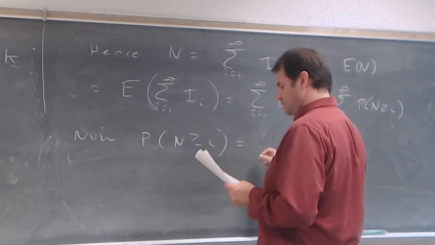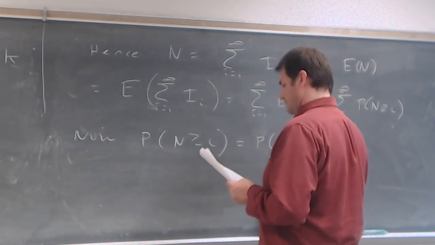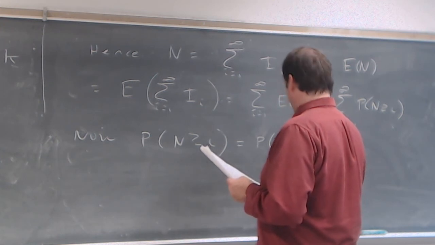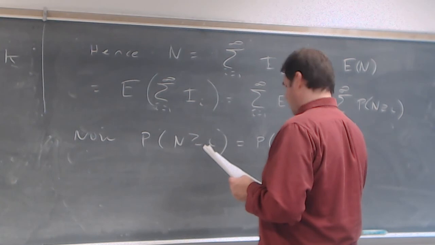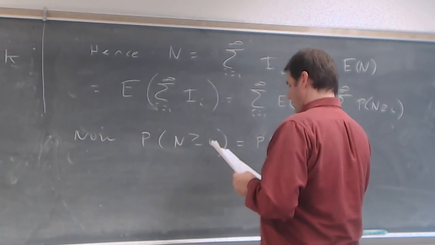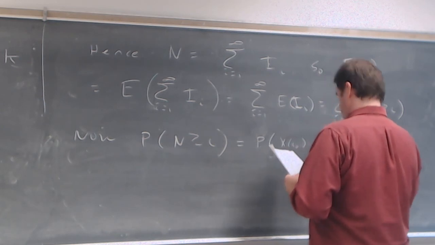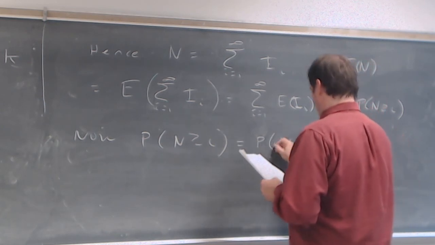That's equal to the probability that X of i naught, X squared of i naught, including i naught.